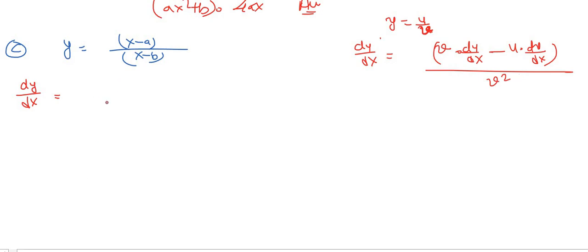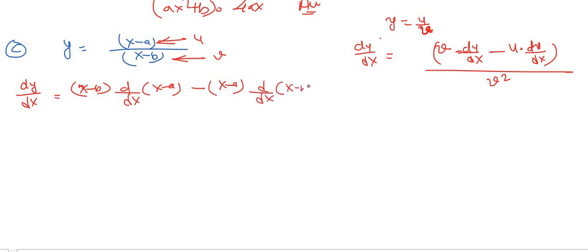So let me write it down here. This is my u and this is my v. So (x minus b) as it is, d by dx of (x minus a), minus (x minus a) as it is, d by dx of (x minus b), by square of the denominator.